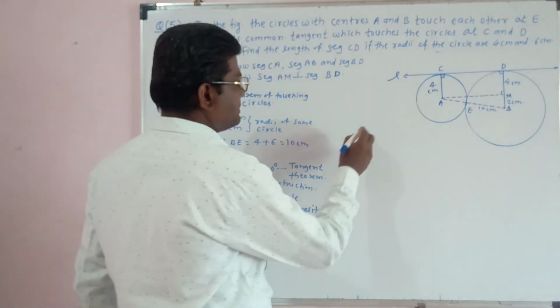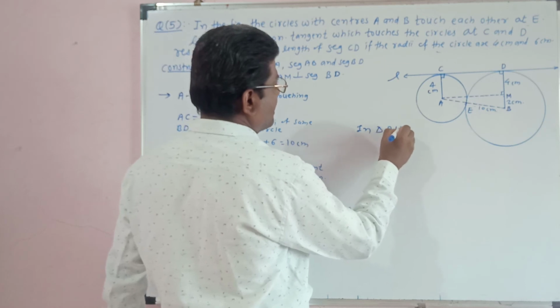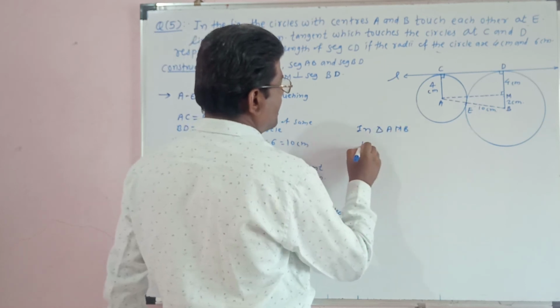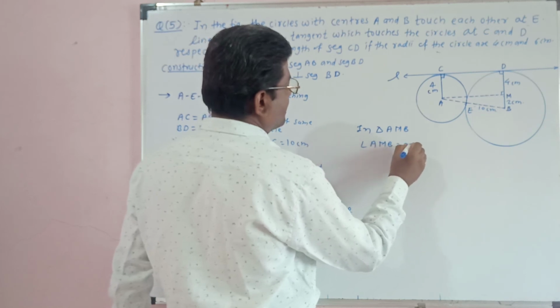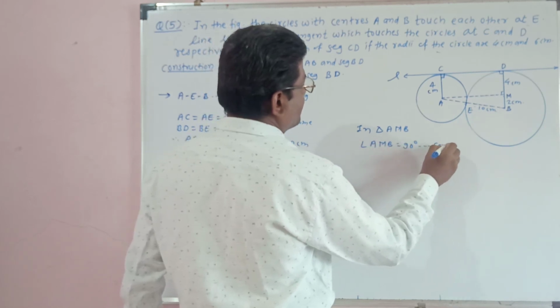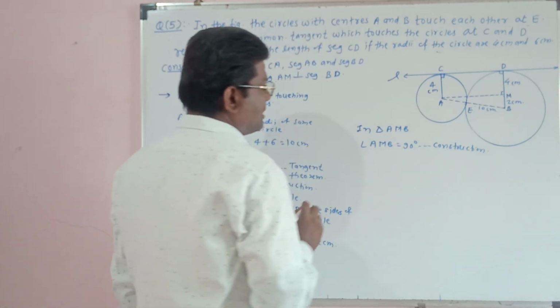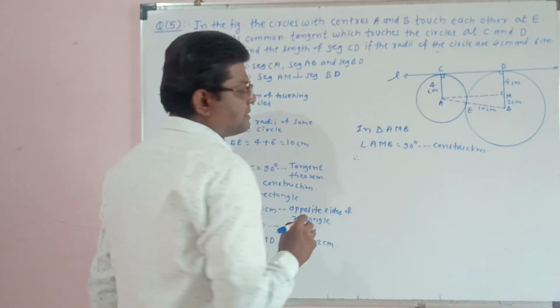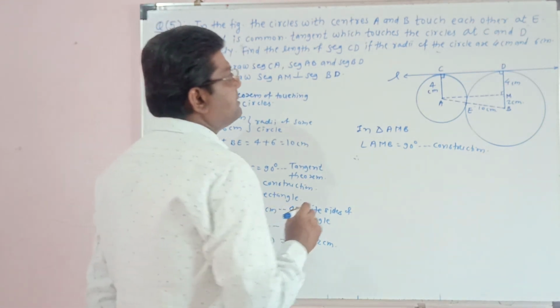So write, in triangle AMB, angle AMB is equal to 90 degrees. The reason is construction. Therefore, we can write the Pythagoras theorem for this triangle.